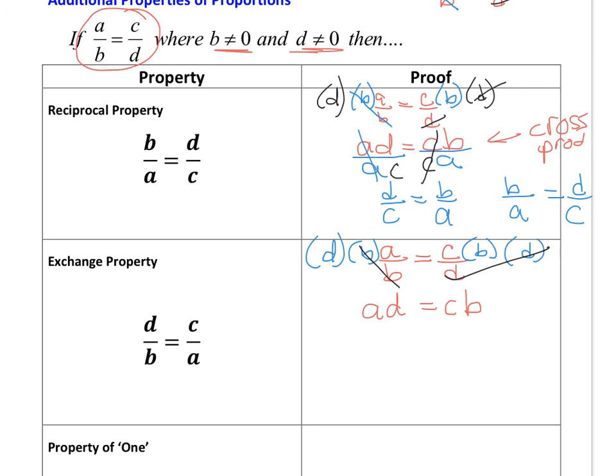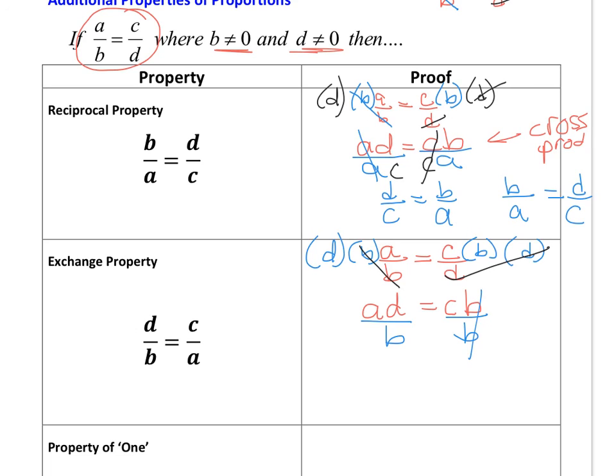Okay, so what are we trying to achieve? We're trying to replace or exchange the D and the A. So I have D already over here in the numerator, and I want to get B down here in the denominator. So I'm going to divide by B, and whatever I do on one side, I got to do on the other. These cancel.